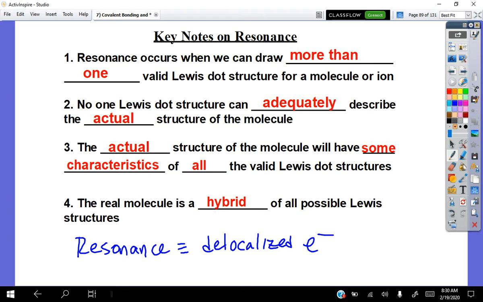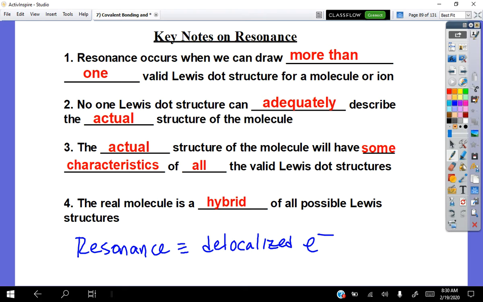If something is localized, it stays in one spot, but when we have delocalized electrons, they have the ability to move throughout different areas of the molecule. Specifically, this refers to electrons that are shared between two atoms. They have the ability to move between the atoms that they're being shared with.